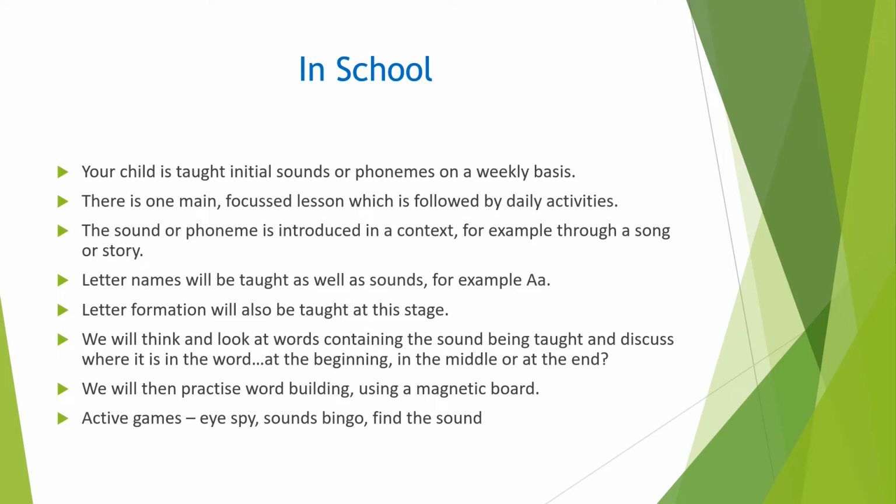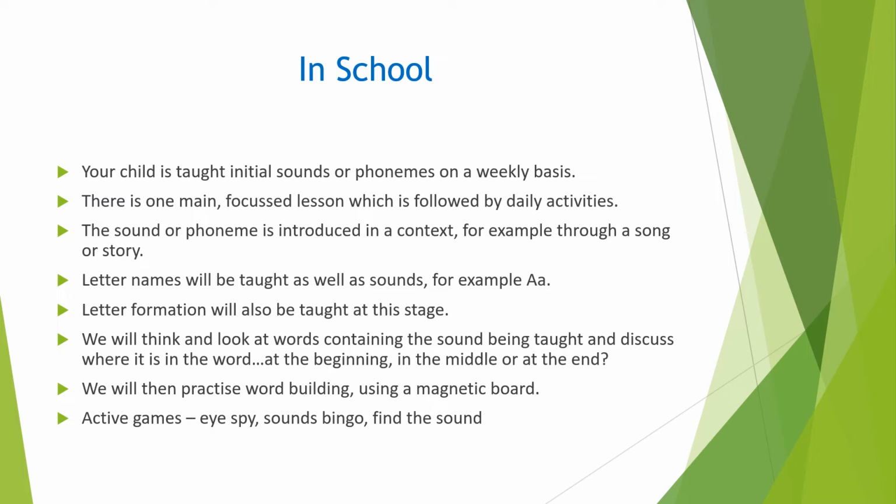To develop sounds knowledge, we will ask children to think of words and look at words containing the sound being taught, and discuss where the sound is in the word. For example, is it at the beginning, in the middle, or at the end? To do this, we will ask the children to say the word slowly.